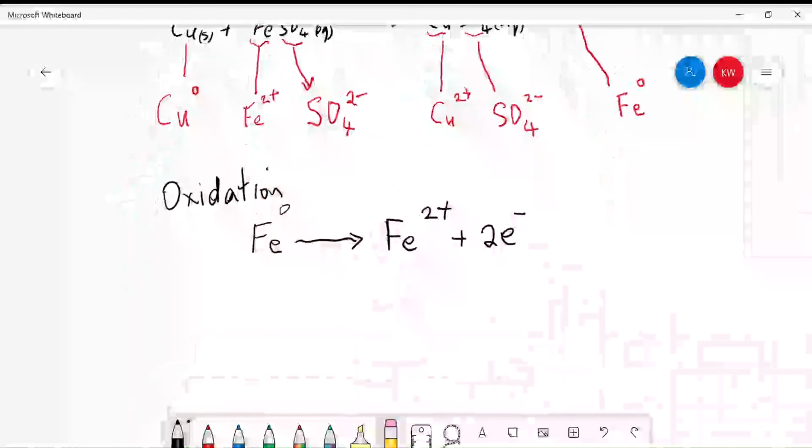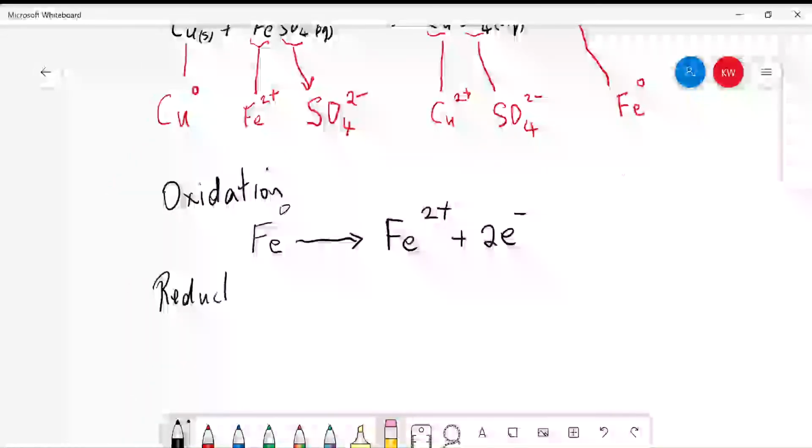Okay, let's look at reduction. For reduction, we would start with the iron. If that's the case, based on our activity series, the copper would have been reduced.